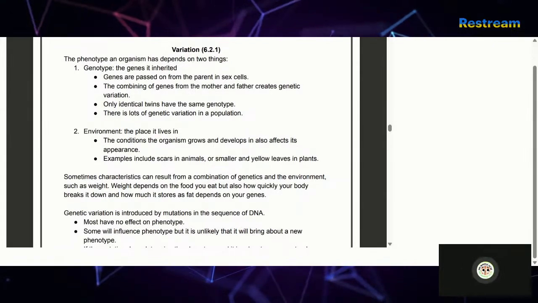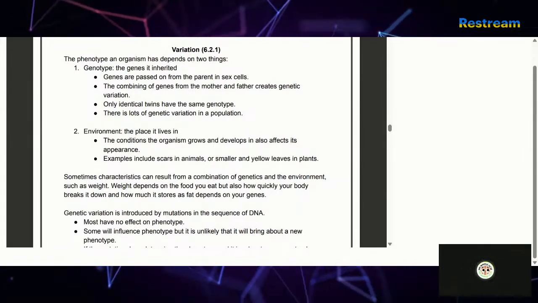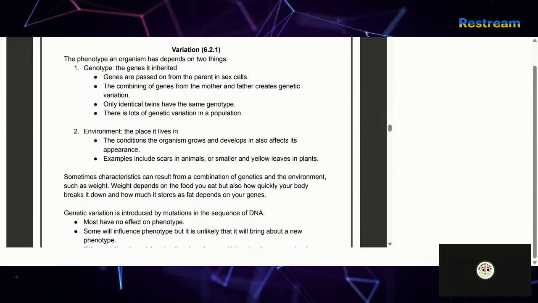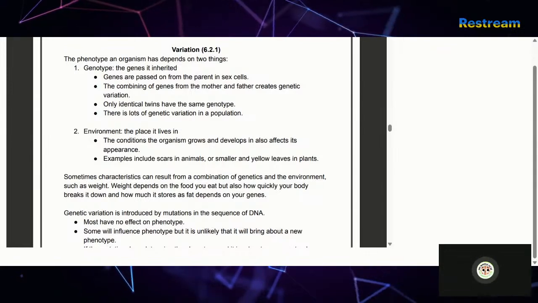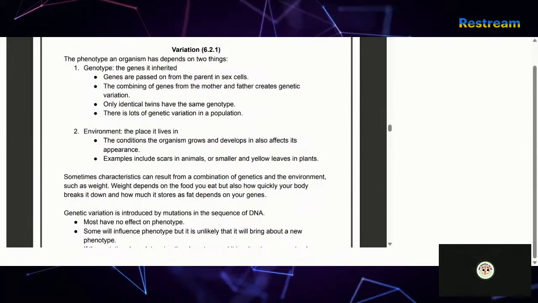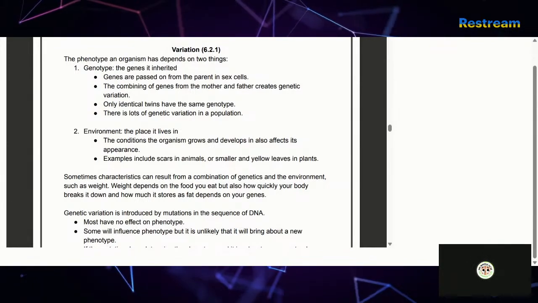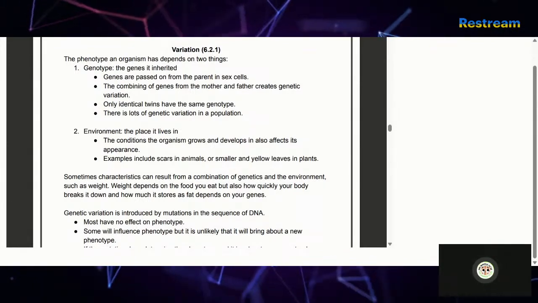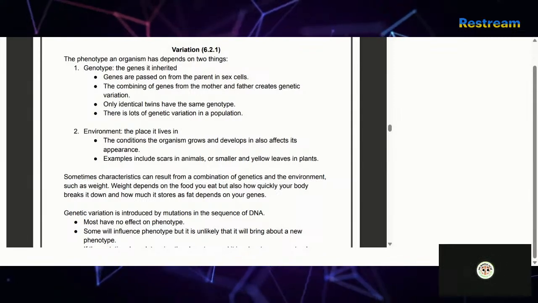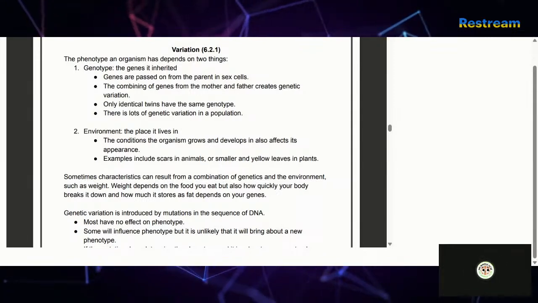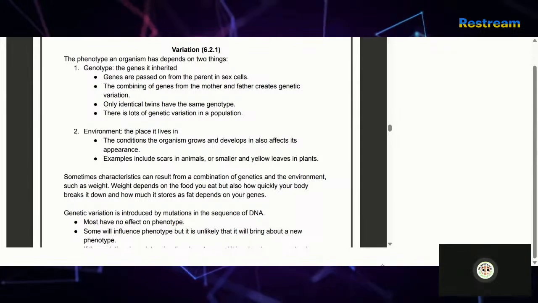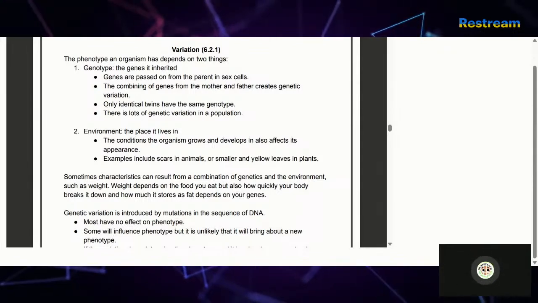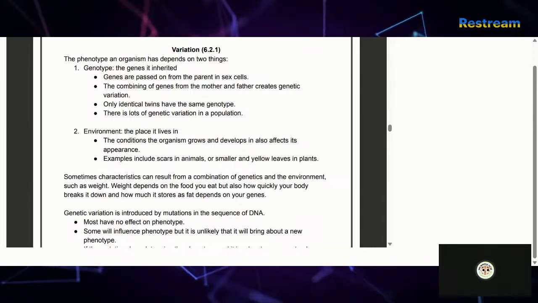The combination of the genes from the mother and the father create genetic variation. Only identical twins have the same genotype, and there's lots of genetic variation in a population. The environment, the conditions the organism grows and develops in, also affects the appearance. So a lot of characteristics come from a combination of both the genes and the environment it lives in, but it all depends in the end.